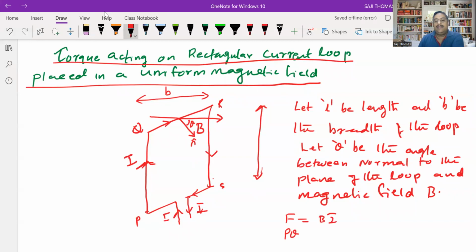BIl sin theta. See, magnetic field is here. Magnetic field and current are perpendicular, so sin 90 only. So you take BIl sin 90.